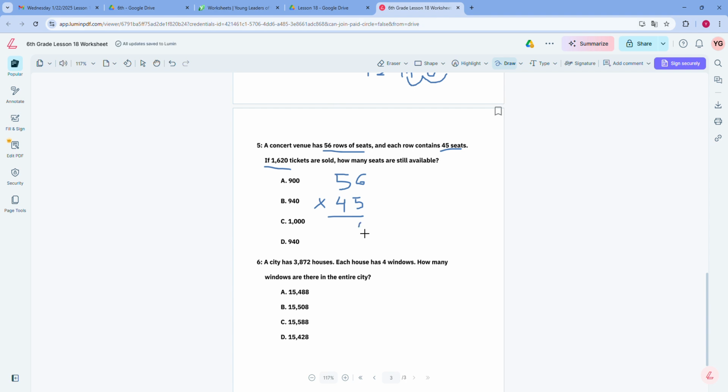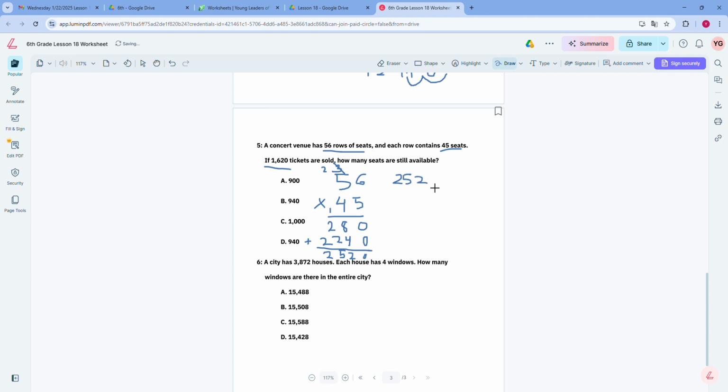And this would be 6 times 5, which is 30, 5 times 5, which is 25, plus 3, which is 28. Put the 0. 4 times 6, which is 24. And then 4 times 5, which is 20, plus 2, 22.